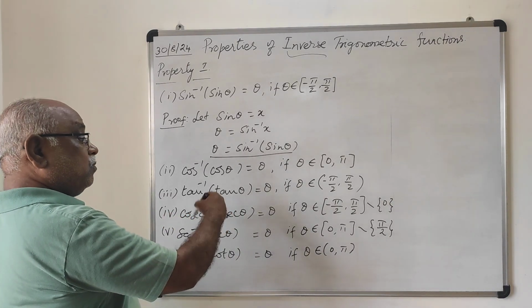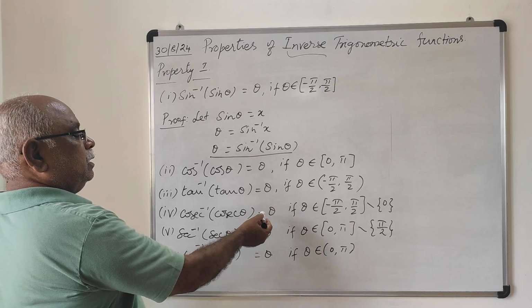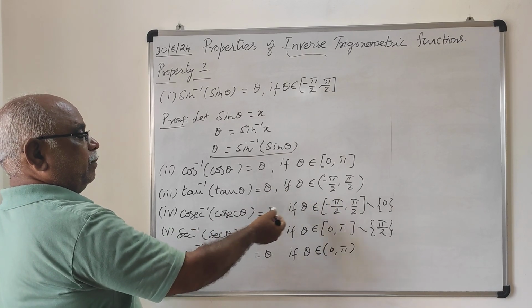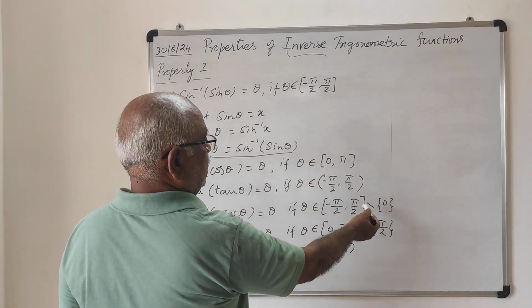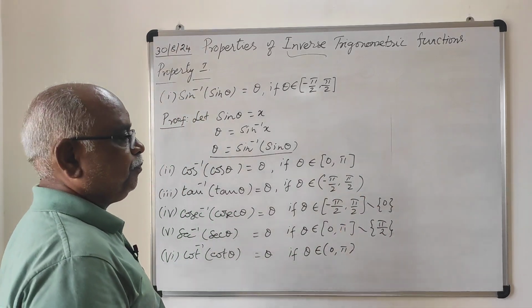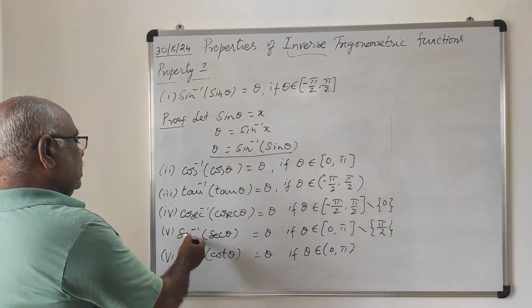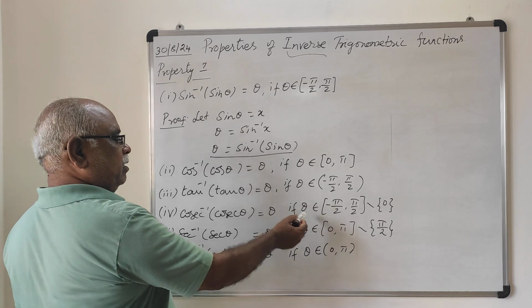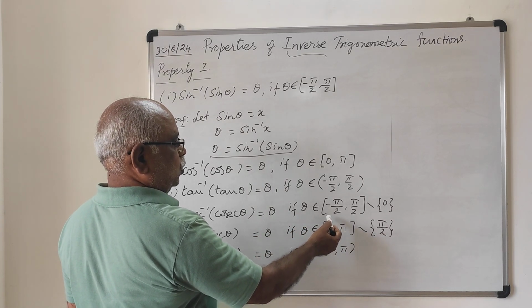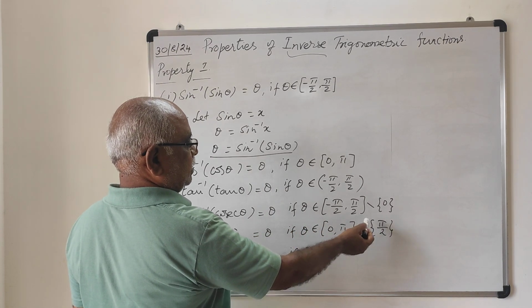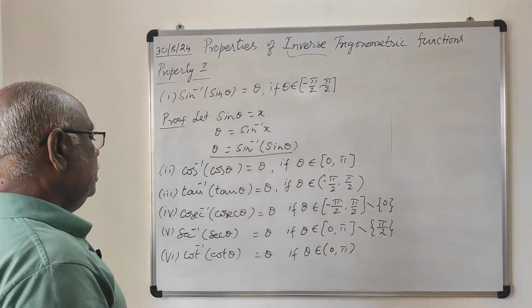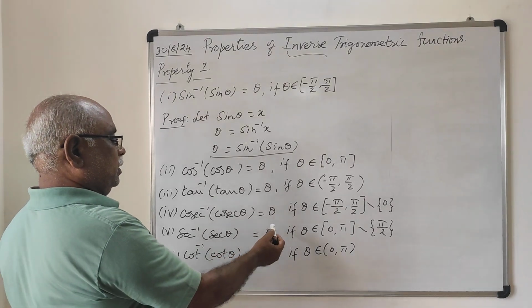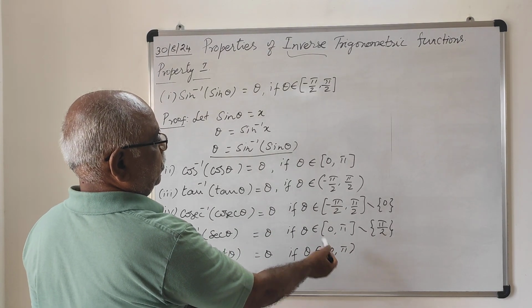Fourth one, cosecant inverse of cosecant theta, if theta belongs to the domain minus pi by 2 to pi by 2, except 0. Similarly, secant inverse of secant theta is theta, if theta belongs to the closed interval 0 to pi, except pi by 2. And finally, cot inverse of cot theta equal to theta if theta belongs to 0 to pi.